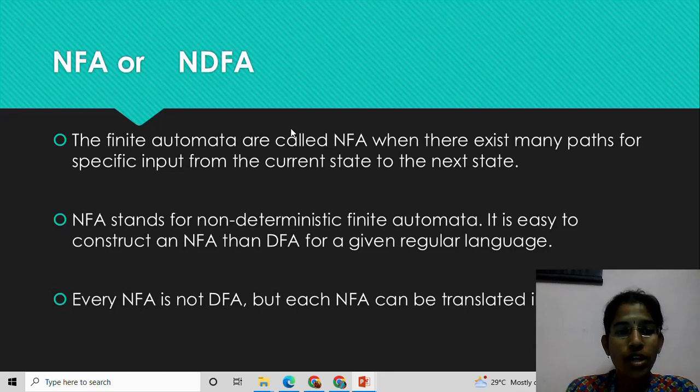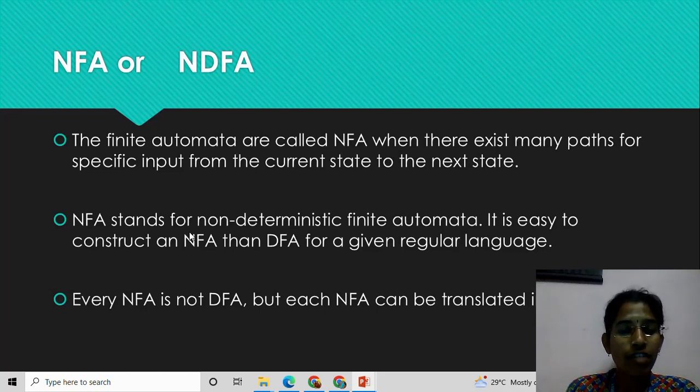For a particular input, it has many new states. That is known as non-deterministic finite automata. It is easy to construct. For a particular input, it goes to one or multiple new states. So it is easy to construct the NFA when compared to DFA.